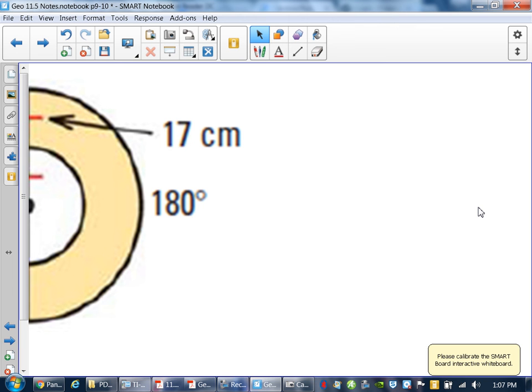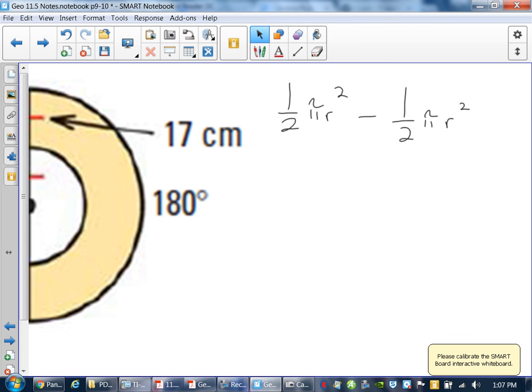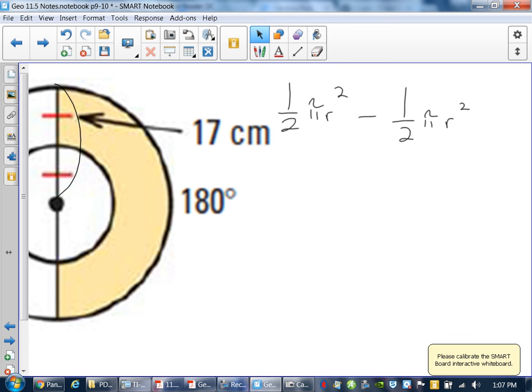Okay. So area is pi r squared, so it's going to be 1/2 pi r squared for the large part. Subtract out a different 1/2 pi r squared for the small part. Well, the large circle has a radius of 17 plus 17, otherwise known as 34.